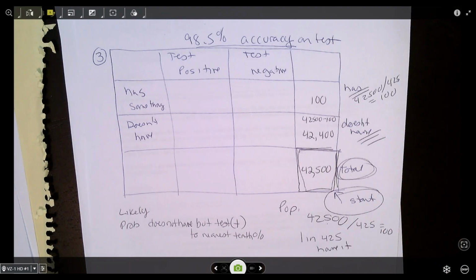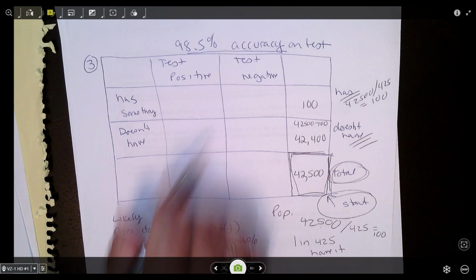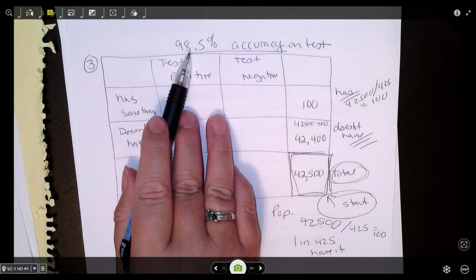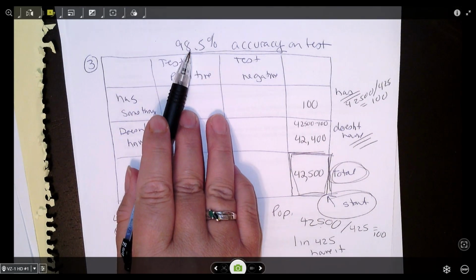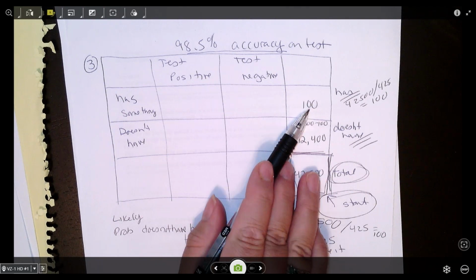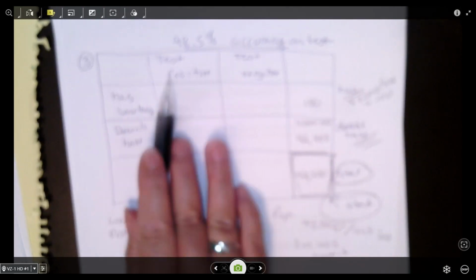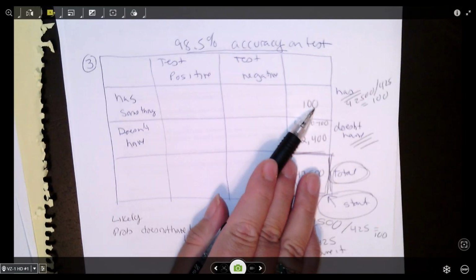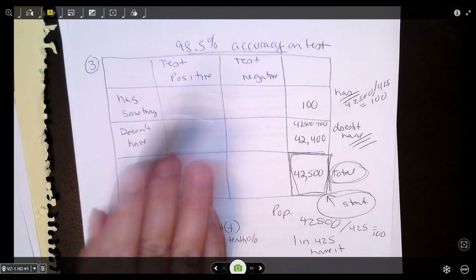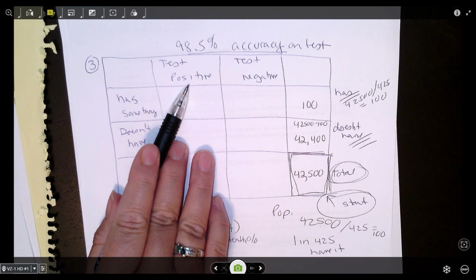Now we're ready to move on to the part that is new to most of us. If they're telling us an accuracy rate for a test, if you actually have it, to be accurate, your test should be what? Positive or negative? If you actually have it and the test is accurate, it should be positive, right?